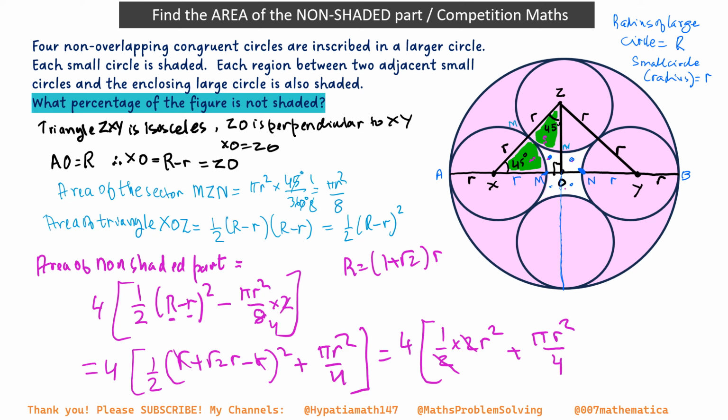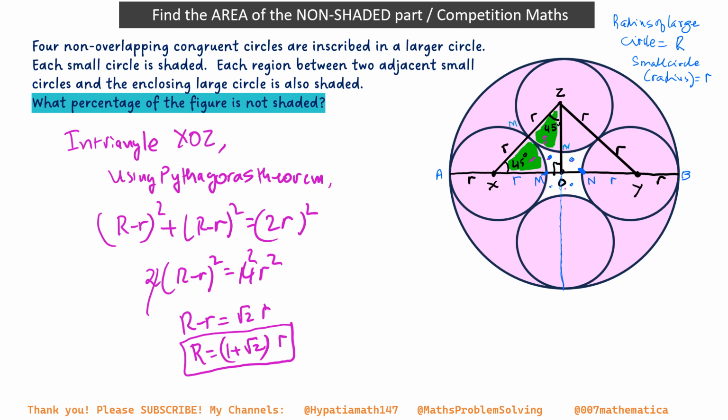So these two get cancelled, so I am left with 4r square plus pi r square, the 4's get cancelled. So if you take r square outside the bracket, it is going to be 4 plus pi. So that is the area of the unshaded part.